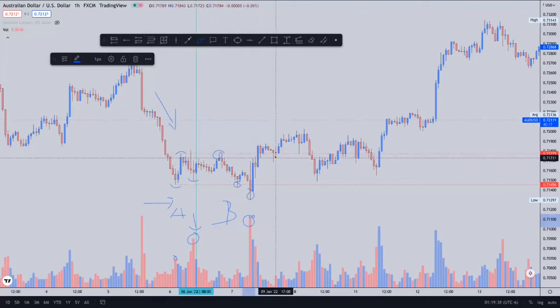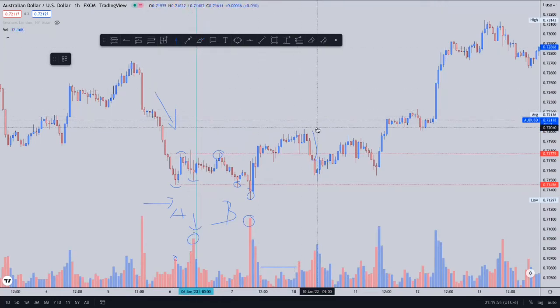We actually break the high, and at that point, volume is so low, it's virtually non-existent. So nothing past this high is sustainable. We come back into the trading range, right? But what now I want to pay attention to is we did create other levels of structure right here.